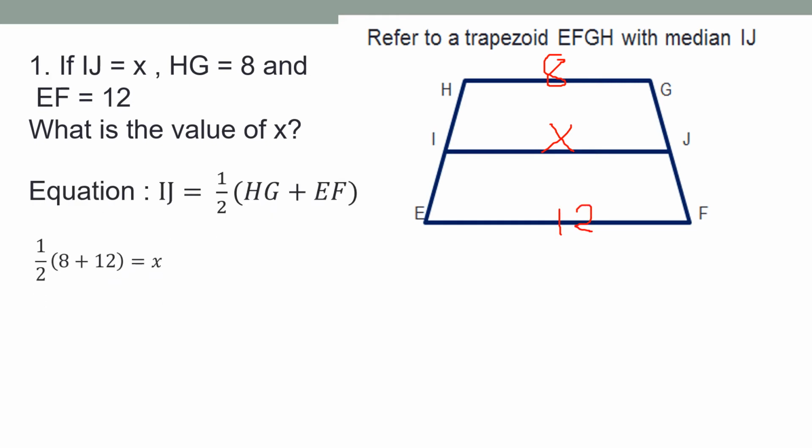Equation will be IJ equals 1 half HG plus EF. Again, IJ is equal to 1 half times the sum of two bases, HG and EF.